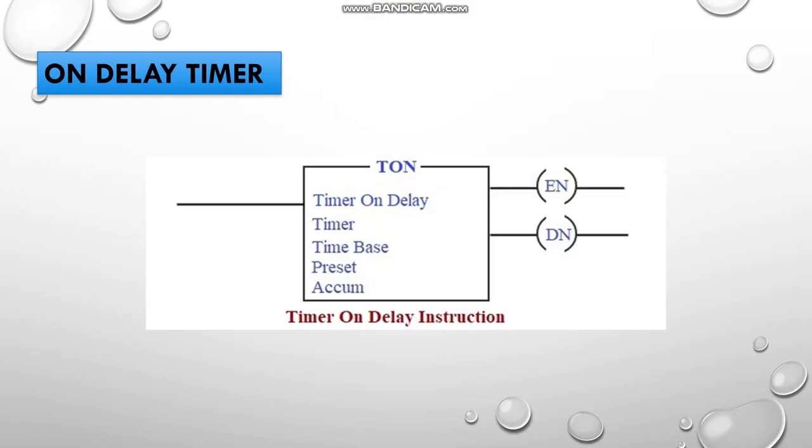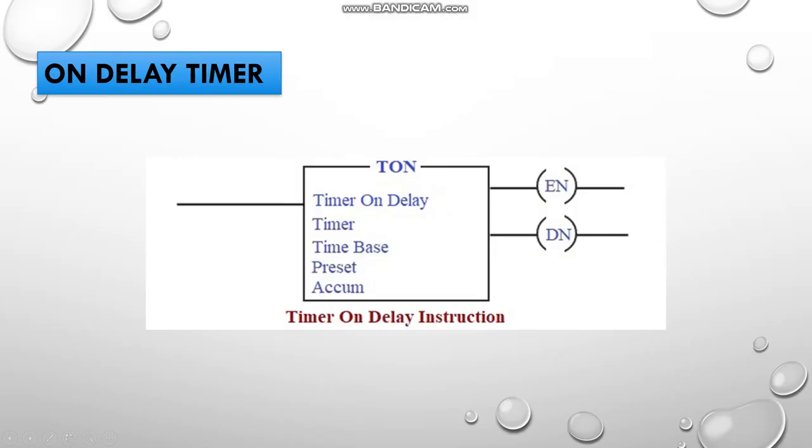The timer base is nothing but the time interval between one particular cycle to the next cycle, and the preset value is till what time you need your timer to be running. The accumulator value is nothing but a register. Initially the accumulator value always starts from 0 and counts from 0 till the preset value.